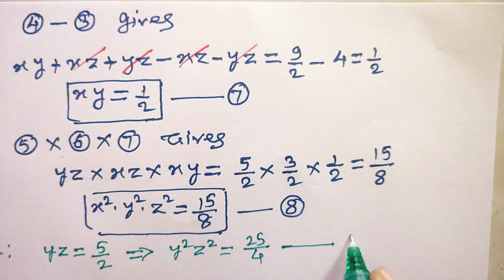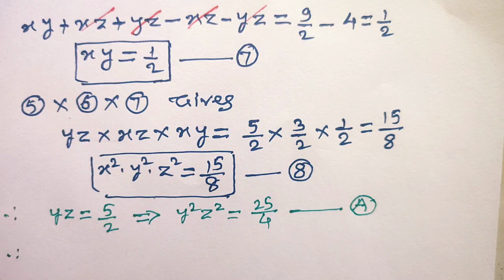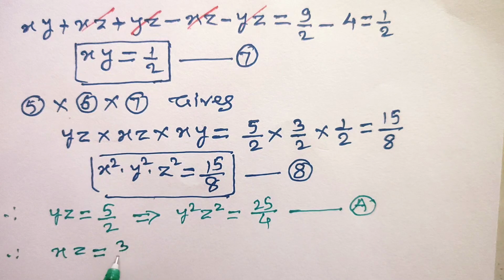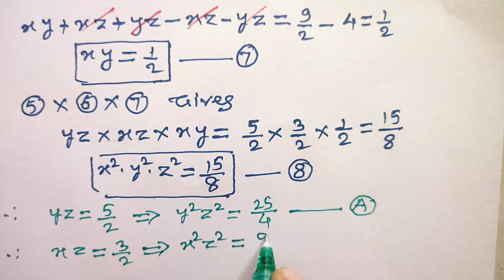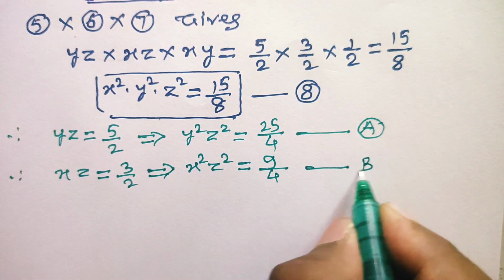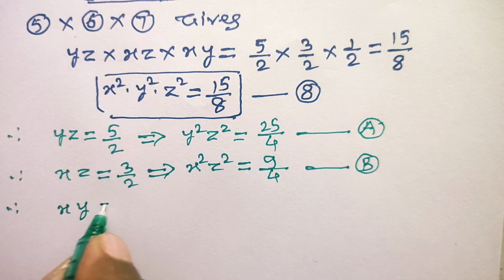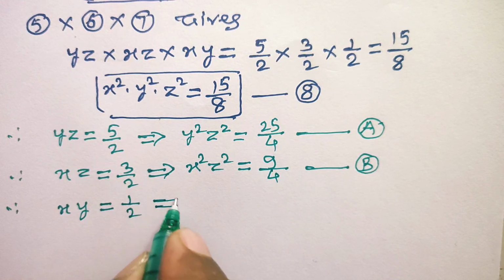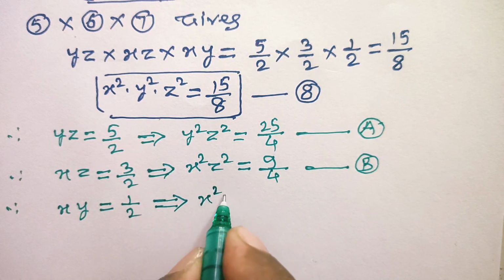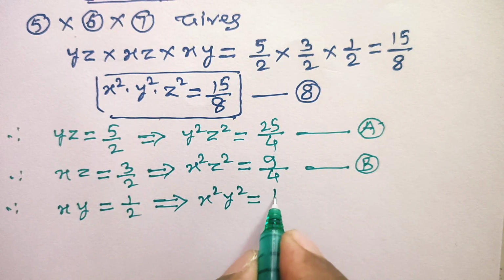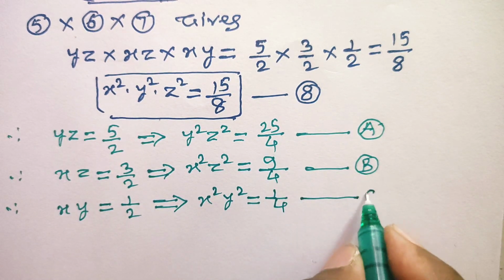And consider this is equation number A. Since equation number 6 is xz equal to 3/2, squaring both sides, x²z² is equal to 3 squared, 9, upon 2 squared, 4. Consider this is equation number B. Since equation number 7 is xy equal to 1/2, squaring both sides, x²y² is equal to 1/4. Consider this is equation number C.